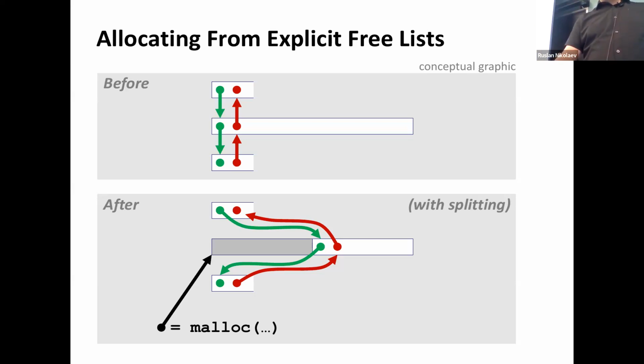So what do we do at this point? Well, we have to split this block. We have to exclude this free block from the list, take it away, then split it into two pieces. One is going to be the allocated piece, and the other is going to be the free piece. Then this free piece has to be inserted back into the original free list.